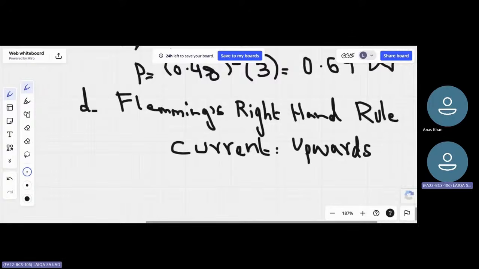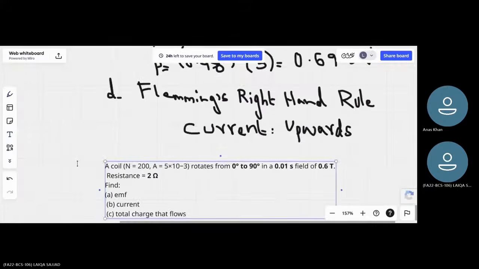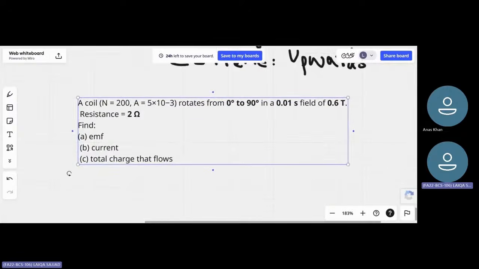Okay, let's take today's last question. We are given a coil that has 200 turns and the area is 5 into 10 raised to power minus 3 meters square.